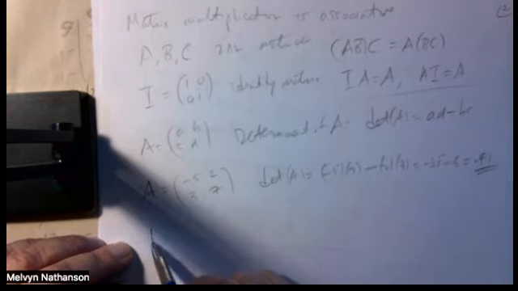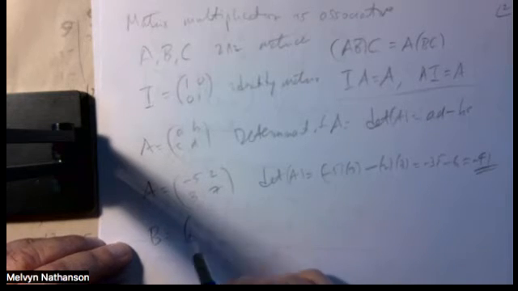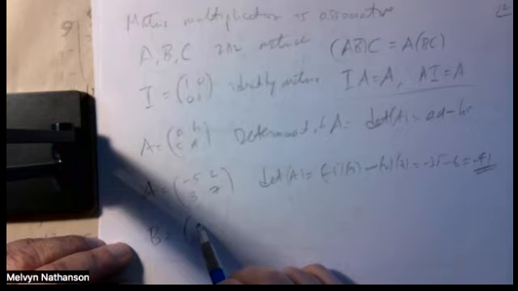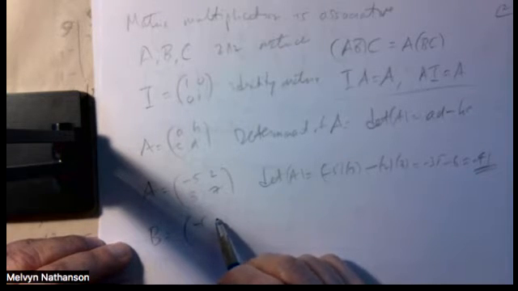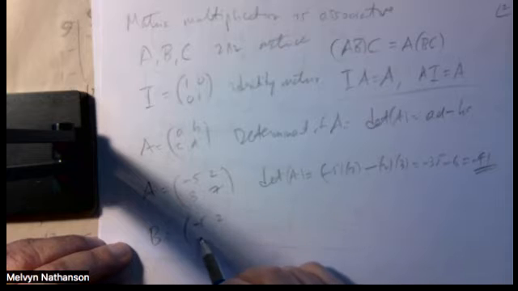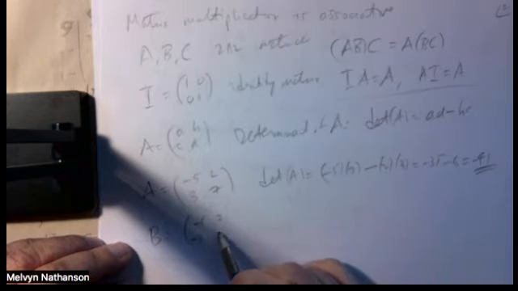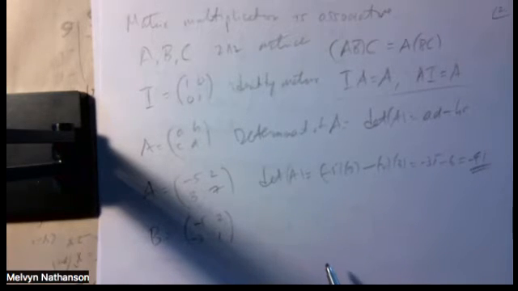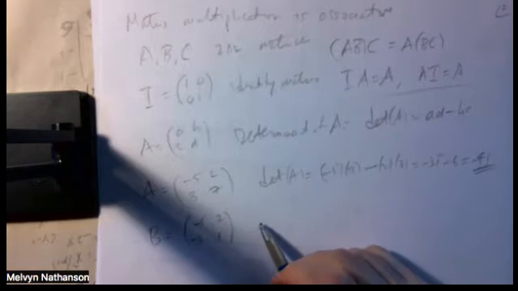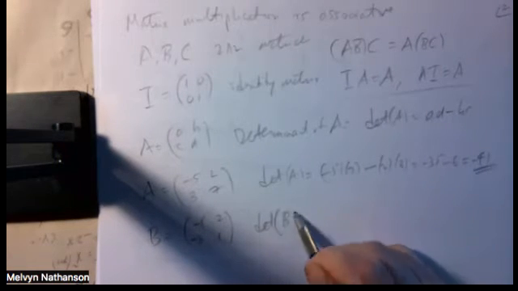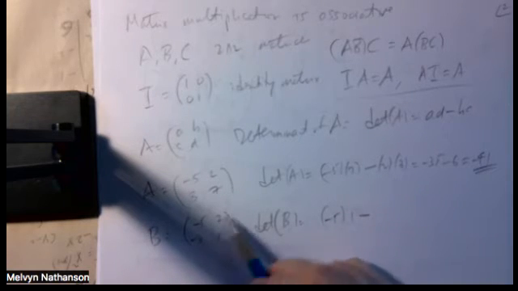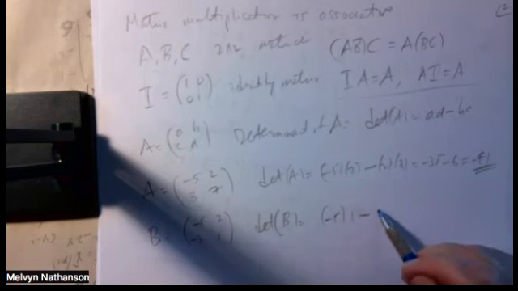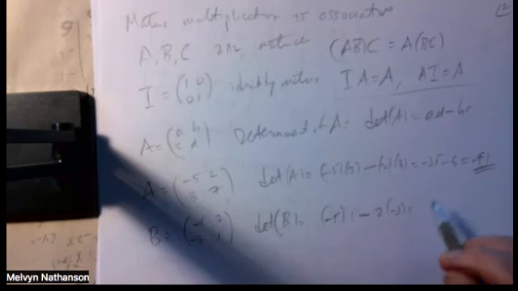If we took the matrix, let's say B, to be minus 5, 2, minus 3, 1, the determinant of the matrix B would be diagonal elements, minus 5 times 1, minus the sort of off diagonal elements, 2 times minus 3.